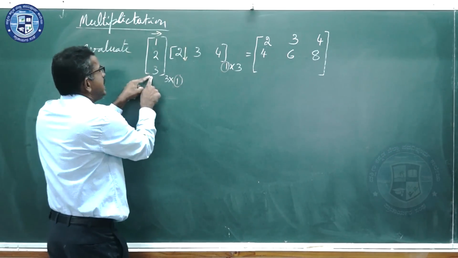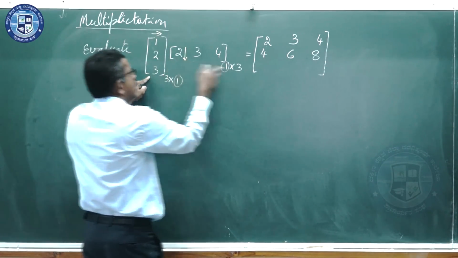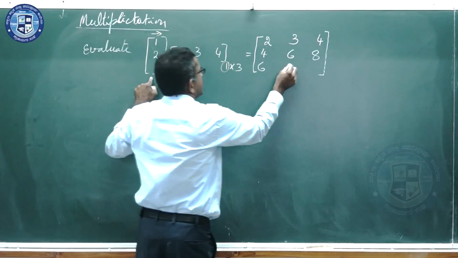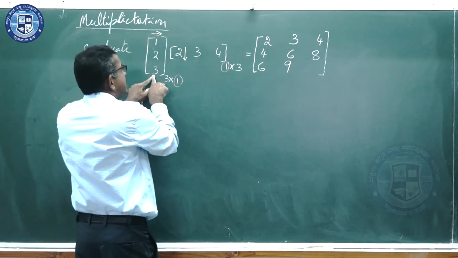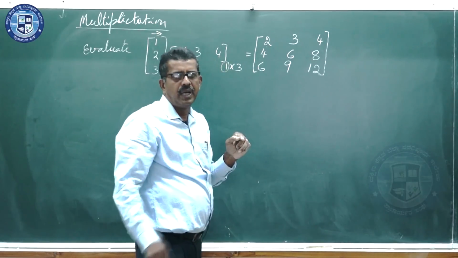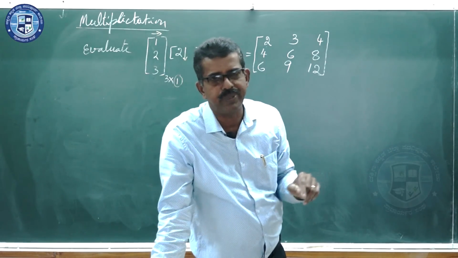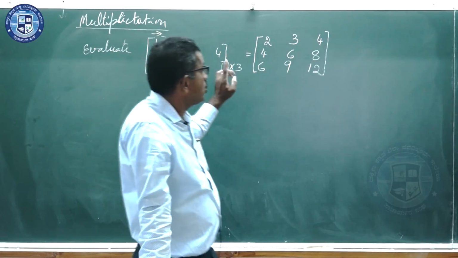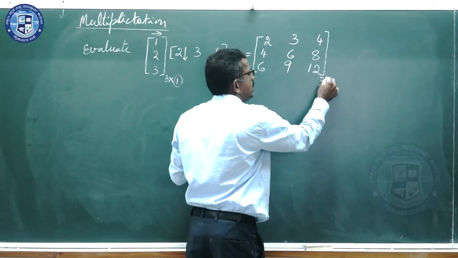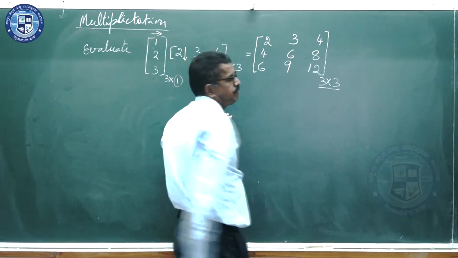Okay, next 3 into 2. What is 3 2s? It is 6. What is 3 3s? It's 9. What is 3 4s? It is 12. I'm very sure that all of you understood it properly, correct? So what is the product of two matrices? The resultant matrix is of order 3 cross 3.